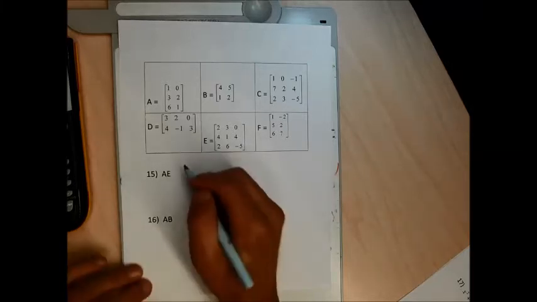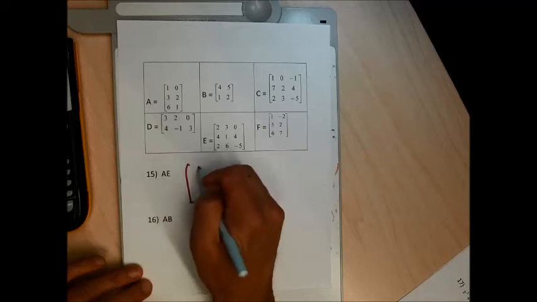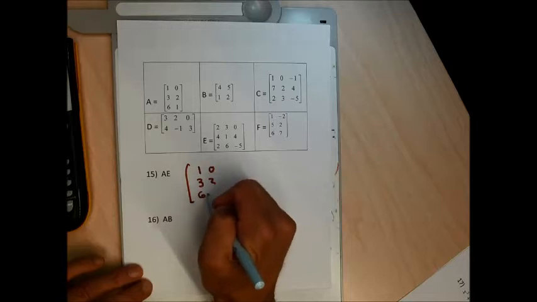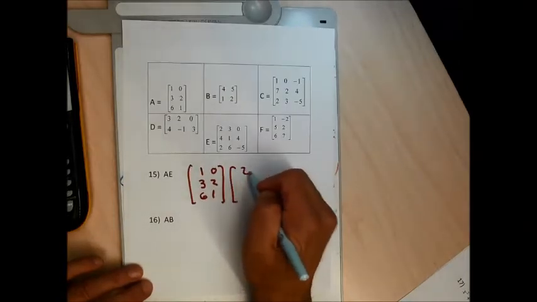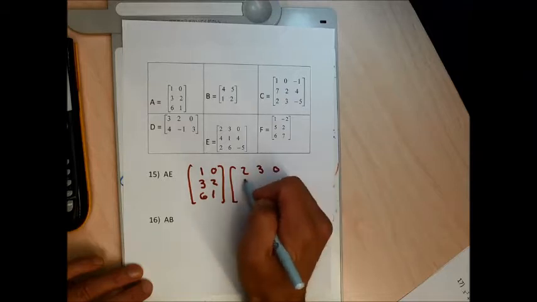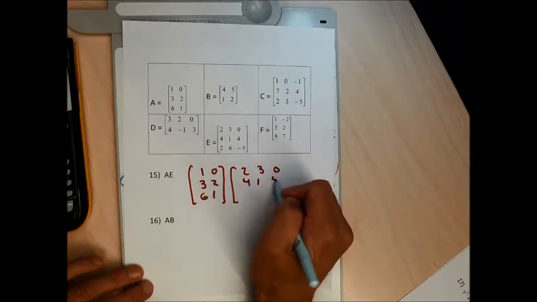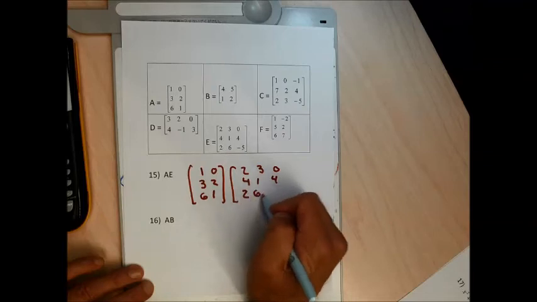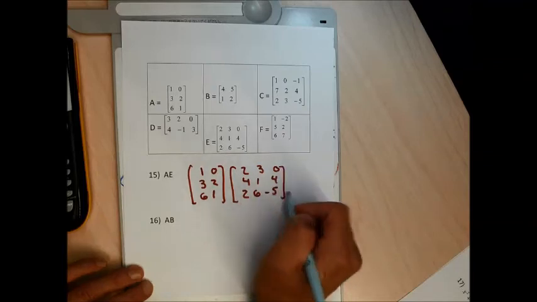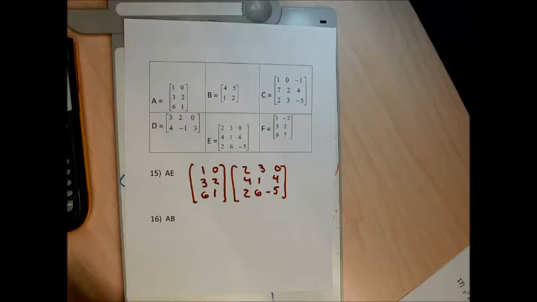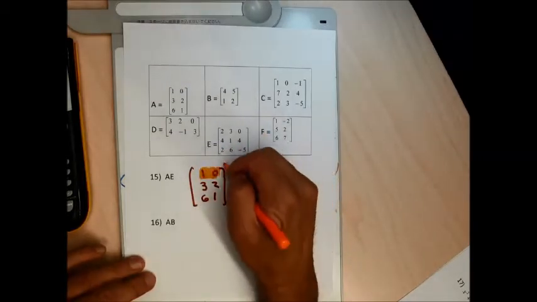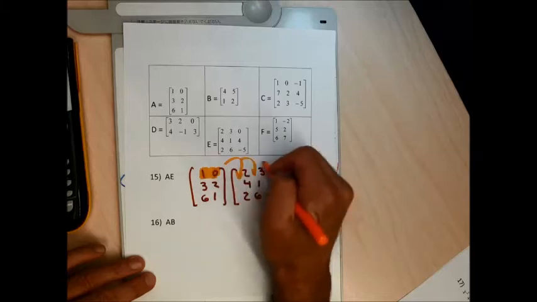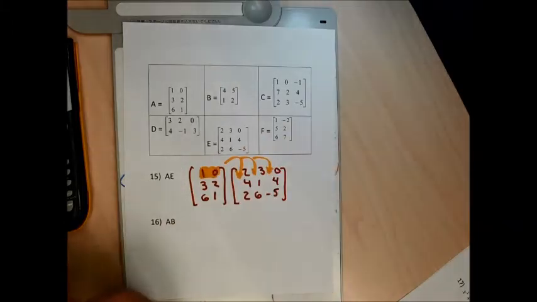To do A times E, I'm going to take the matrix 1, 0, 3, 2, 6, 1, and multiply it by the matrix 2, 3, 0, 4, 1, 4, 2, 6, negative 5. My calculator's smart. It knows what you can and can't do when it comes to multiplication. To do matrix multiplication, I need to take this 1, 0 and write it next to each one of these columns as another column.